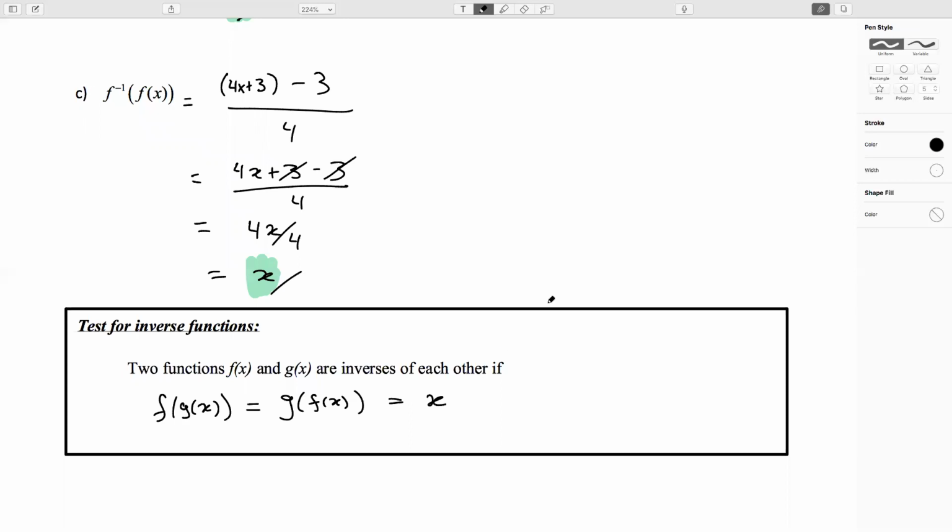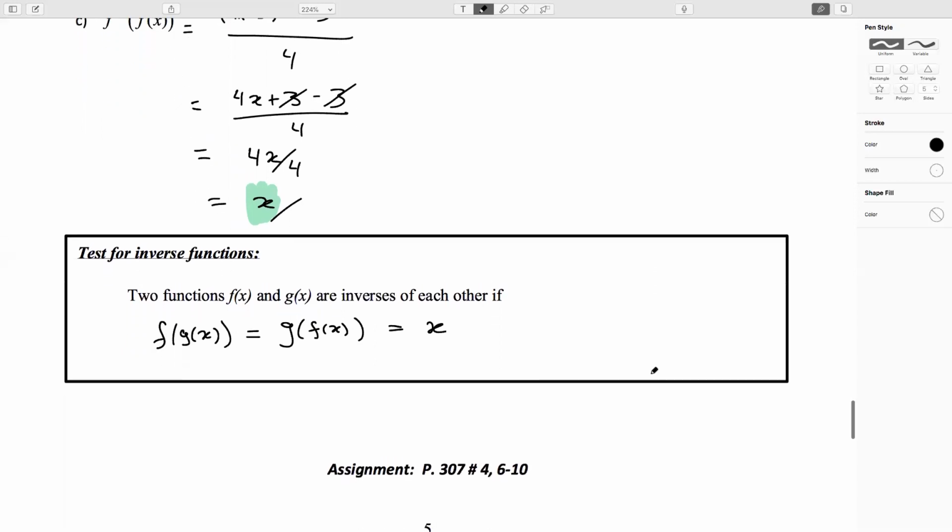So in order to check for inverses, you need to find f of g of x. You need to find g of f of x. If both of them work out to x, you know g of x and f of x are inverses of one another. It's kind of a roundabout way of testing, but it is an alternative to swapping x and y, because sometimes you can't actually solve for y.